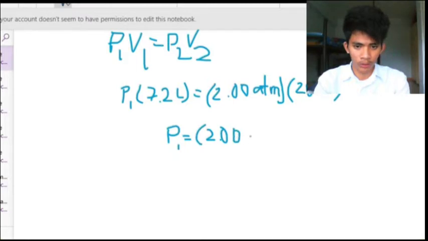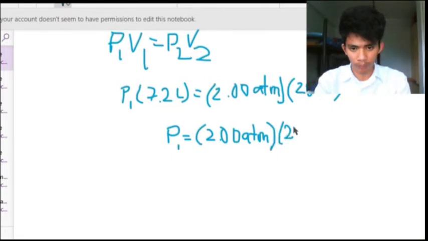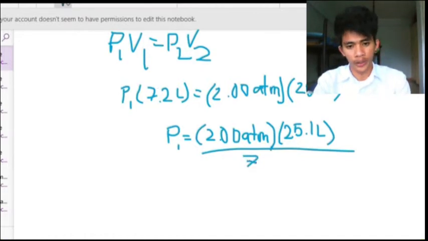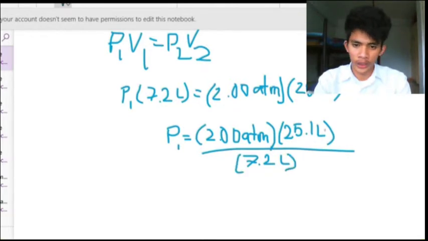To solve this equation, P1 is equals to 2.00 atm times 25.1 liters over 7.2 liters. The unit liter will be cancelled out.